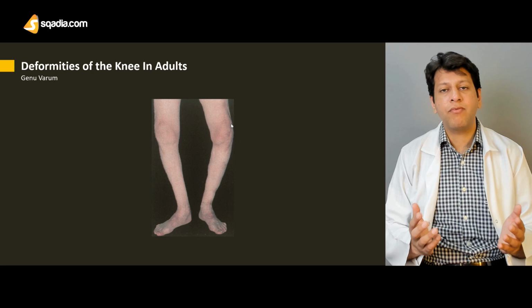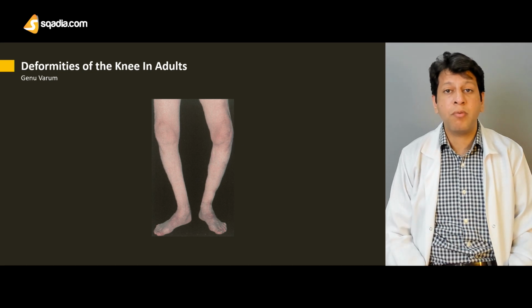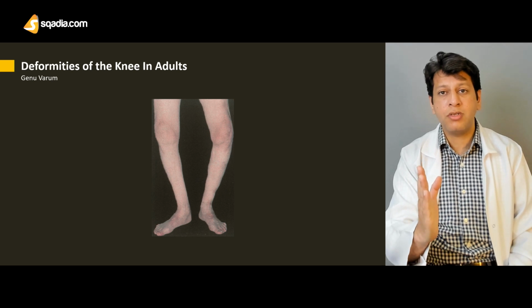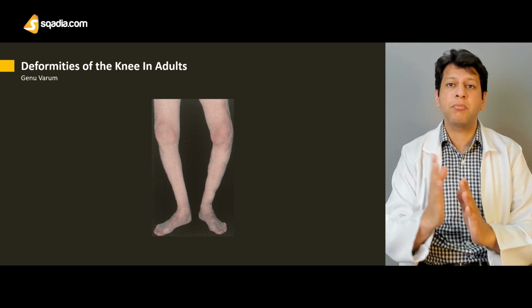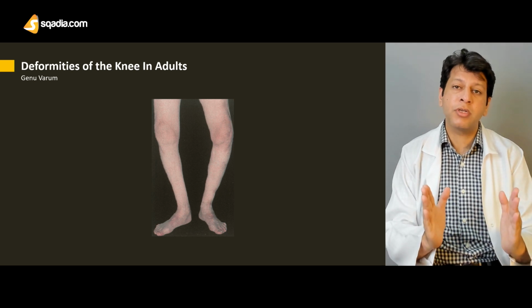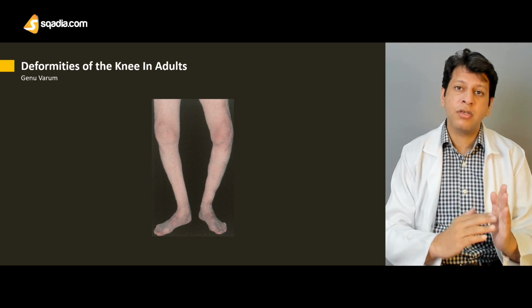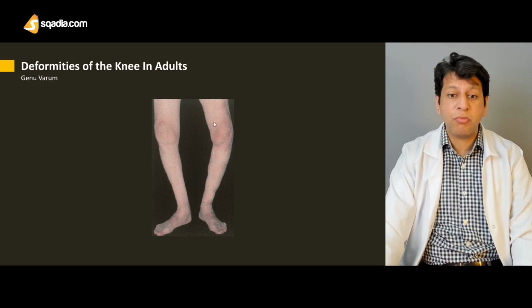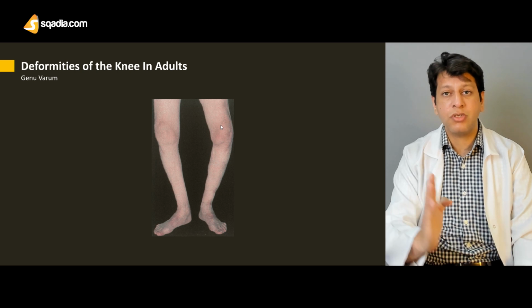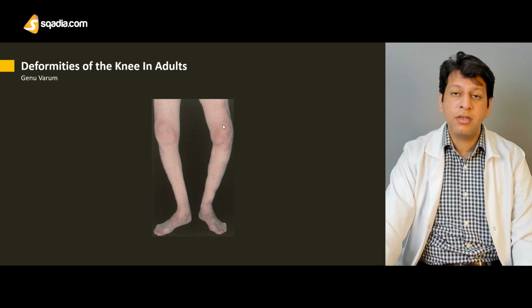For example, if this person has a genu varum of about 20 degrees, and you know the normal physiological genu valgum is about 5 to 7 degrees in adults, you have to compensate for about 25 degrees. Therefore, when you do the osteotomy, the 25 degree compensation is made on the other side.